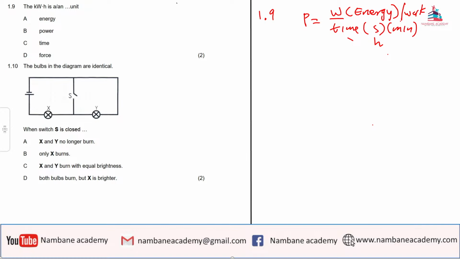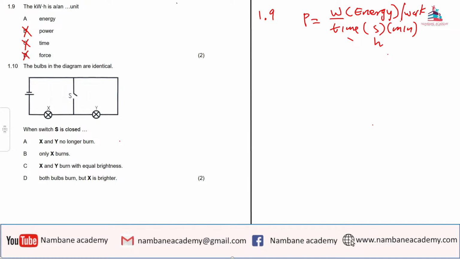So if I manipulate the equation, obviously B is incorrect because power should be watts. Watts is joules per second. So B automatically becomes wrong. kWh, can it be time? Not true. Can it be force? Not true.